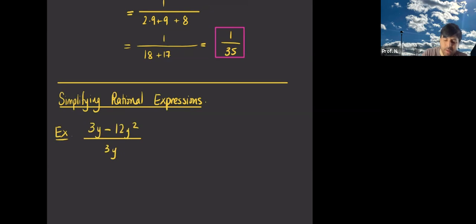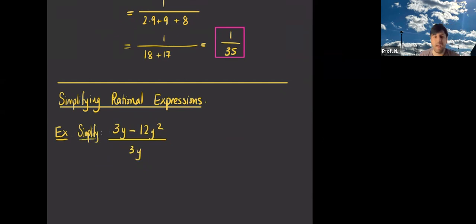From now on, all I'm going to be doing is simplifying, simplifying, and more simplifying. And the name of the game throughout this whole thing is factor, factor, and factor. So when you say simplify rational expressions, my question will immediately be, can I factor? And if so, what does it factor into?